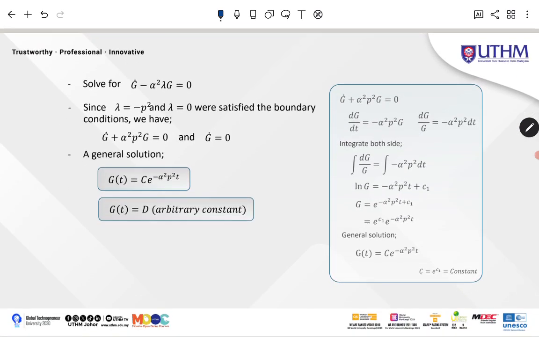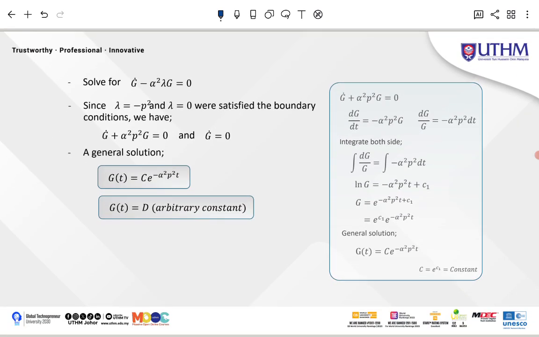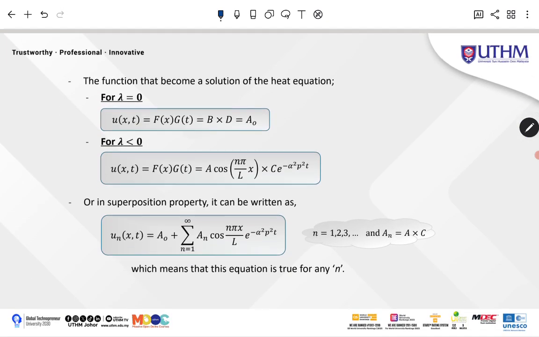Next we move to g, the first order differential equation. Similarly, we solve the first order differential equation first, and then apply the boundary condition.